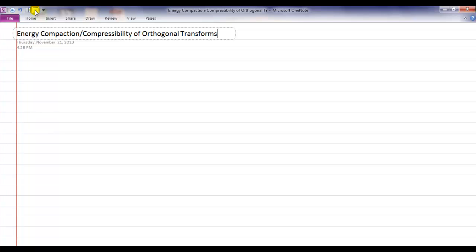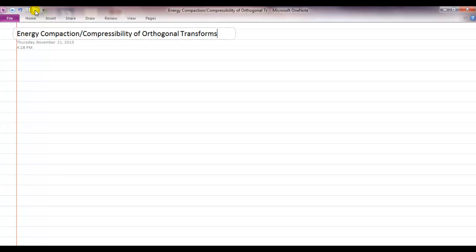But the first thing that we need to learn about is what is sort of a good transform in general for certain kinds of processing needs. Okay. And one of the most important properties of any orthogonal or orthonormal transform is what is known as its compressibility or its energy compaction. So we'll try to formalize what these terms mean.